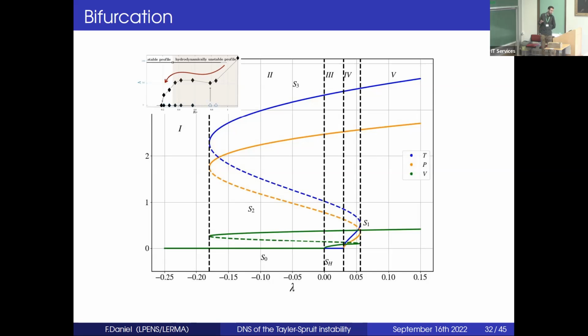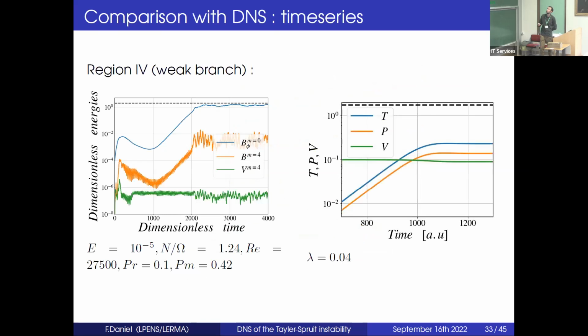And maybe the last thing I can show on this model is the time series behavior for two regions, for the weak magnetic field here and the strong branch here. For the weak branch region, both in the DNS and in the system on the right, the modes which we've identified, the ones that correspond best in our simulations, do not get past the threshold for Taylor instability as in the model here, and you do not get that secondary increase.